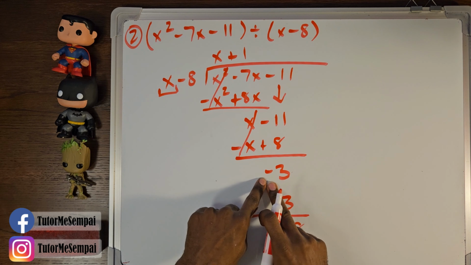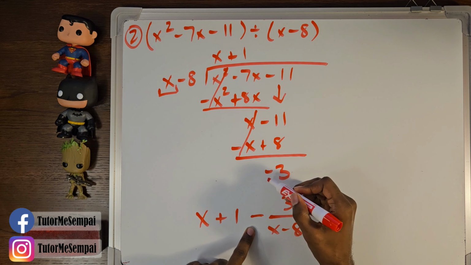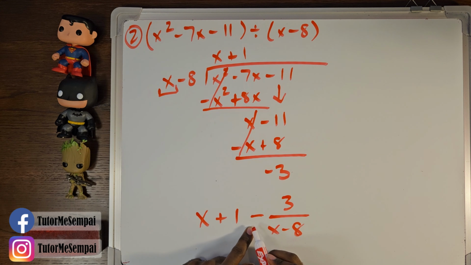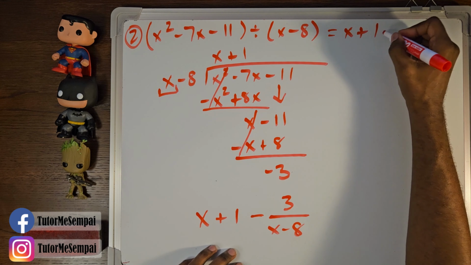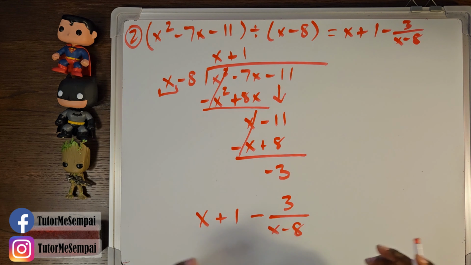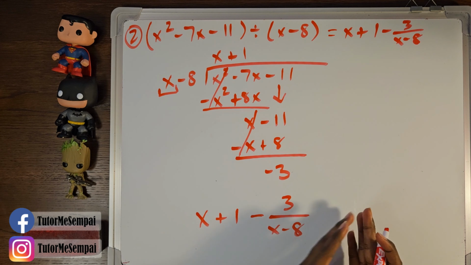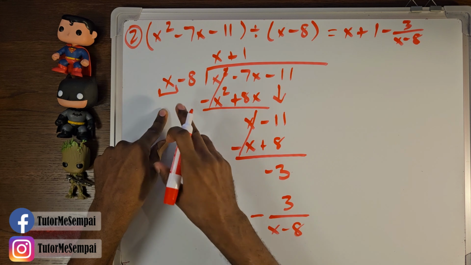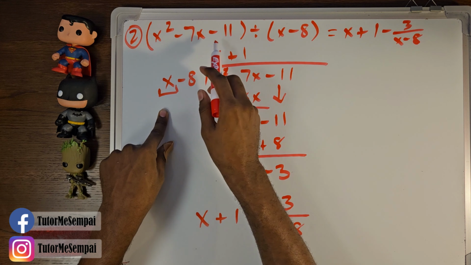If this was a positive 3, you'd be adding 3 over x minus 8. But because the sign is negative, you're going to subtract it. So our answer for this is going to be x plus 1 minus 3 over x minus 8. This is how you're going to write your answer when you have a remainder left. This also shows us that x minus 8 is not a factor of x squared minus 7x minus 11.